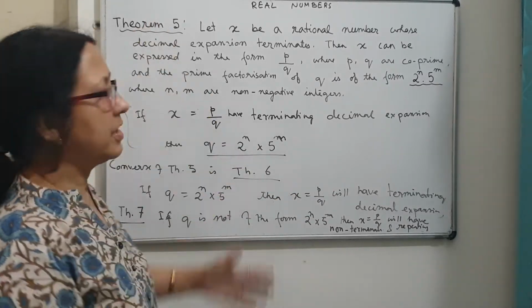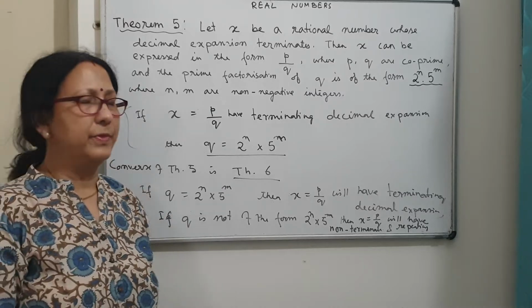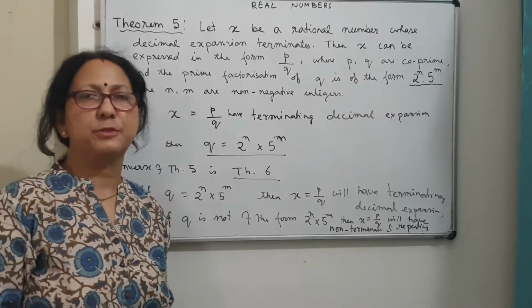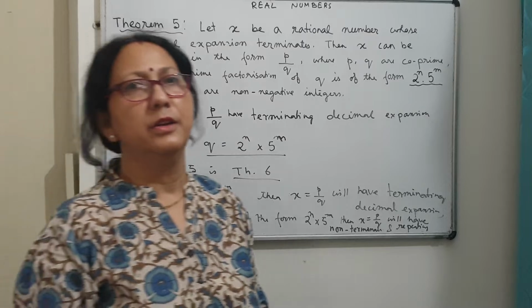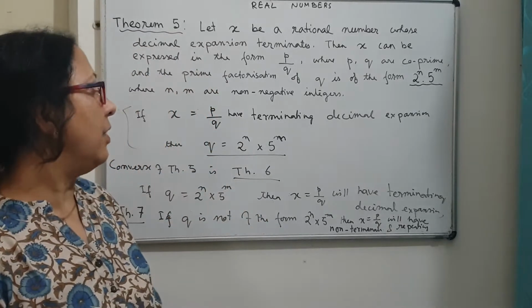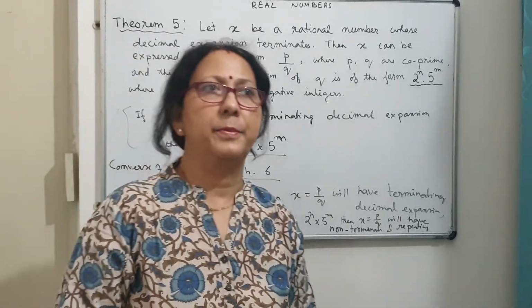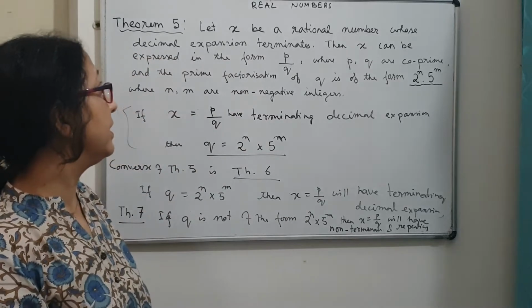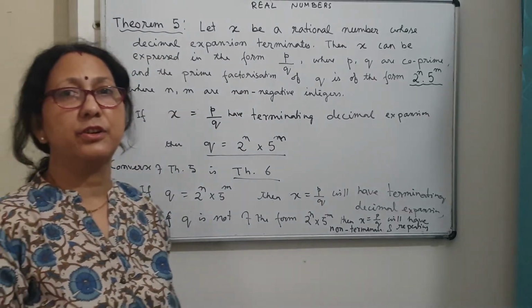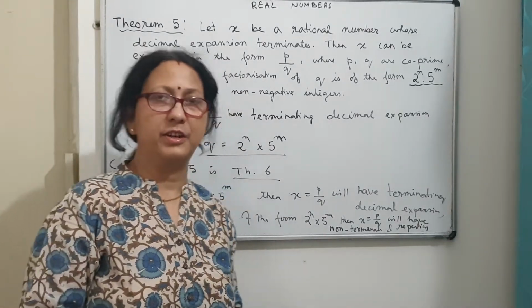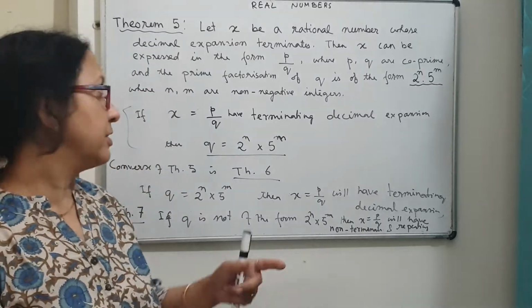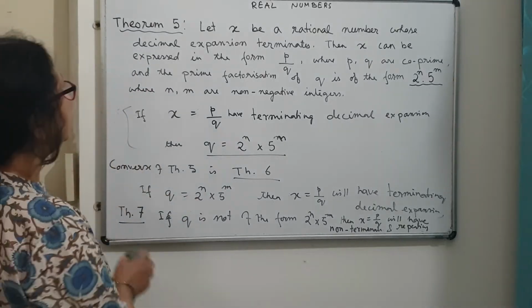So this theorem states the nature of the decimal expansion of a rational number. Without actually dividing, we can tell about the nature of the decimal expansion of a rational number. I'll explain this with some examples.